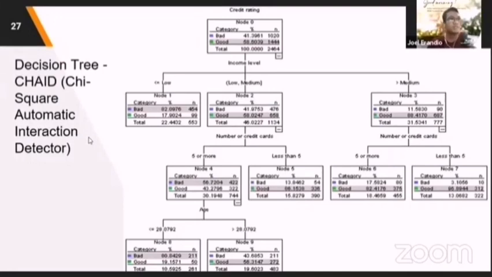So decision tree, the well-known, actually marami po yung decision trees. So meron shade, meron tinatawag na CART. So shade is the chi-square automatic interaction detector. CART is about regression, classification and regression trees.